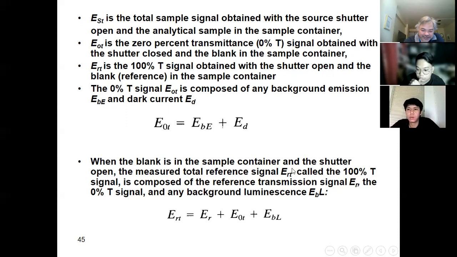And when the blank is in the sample container and the shutter is open, the total measured reference signal, ERT, is called the 100% transmittance signal, and it's composed of the reference transmission signal, EI, the 0T signal, and any background luminescence, EBL. So I wrote everything here. But you rarely have to do that right now, because it was already incorporated in the instrument. All of this is already in there.